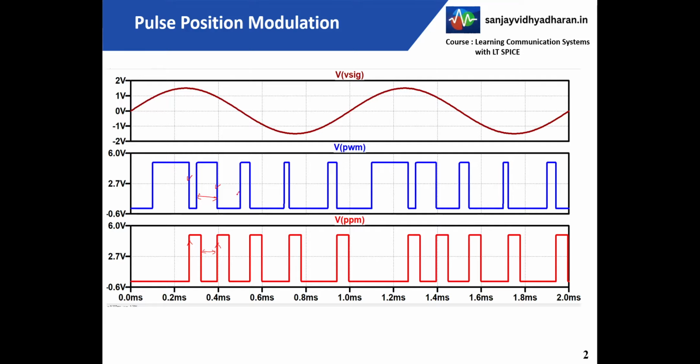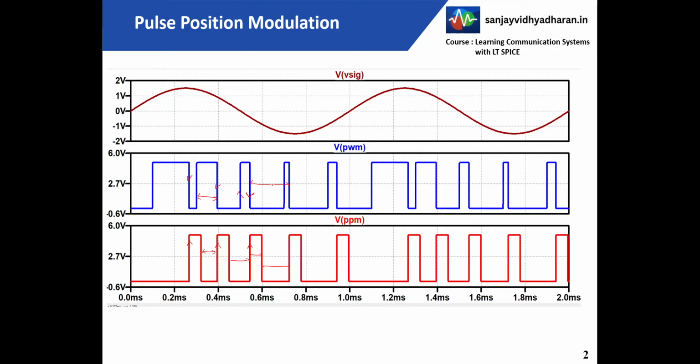Similarly, here comes the next negative edge of the PWM, and obviously that width depends on the signal, and that is going to trigger my monostable, and this pulse width is the same. But if you see the distance from here to here, that depends on this distance, from the negative edge to the next negative edge.